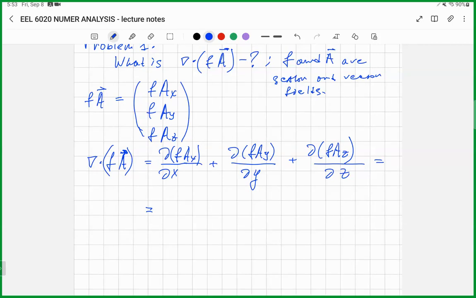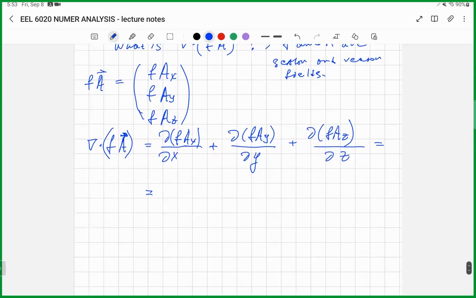Now I take these derivatives using the product rule for the two functions, f and Ax, f and Ay, f and Az.